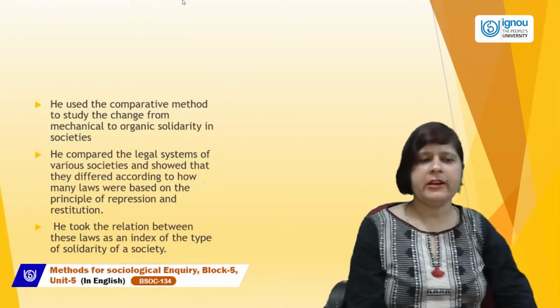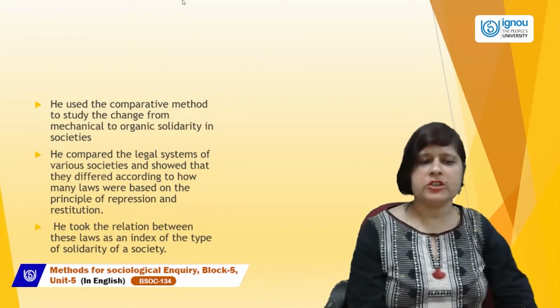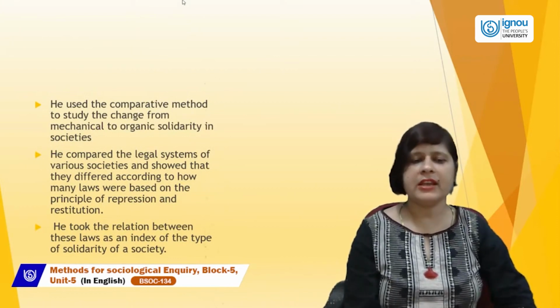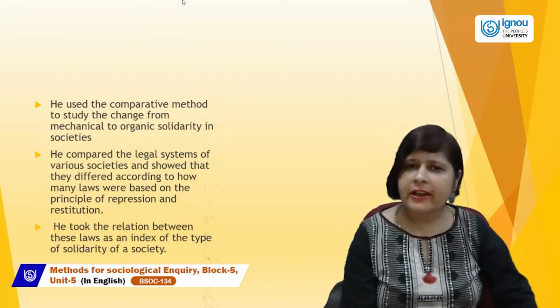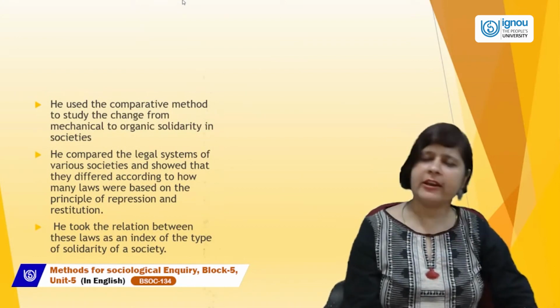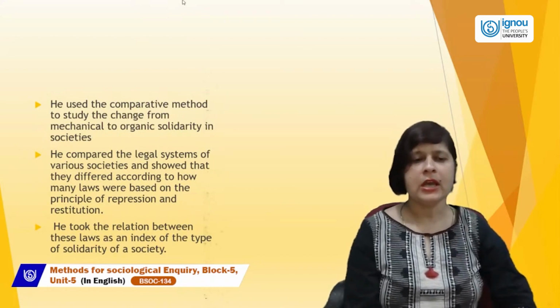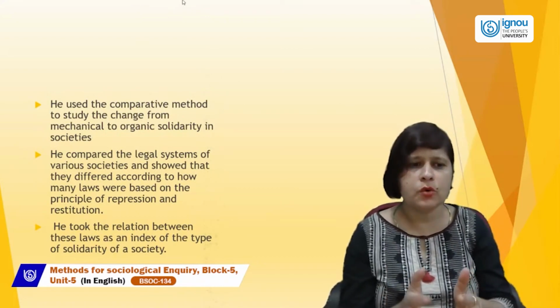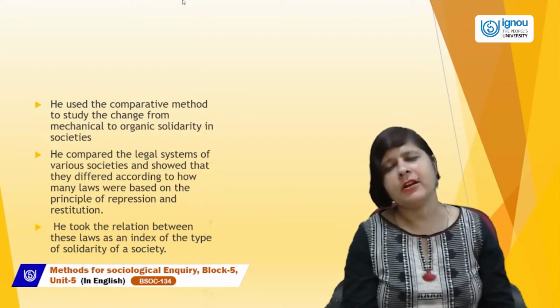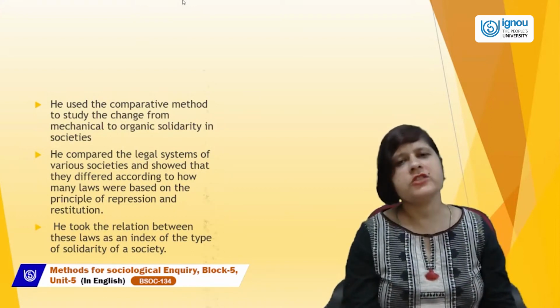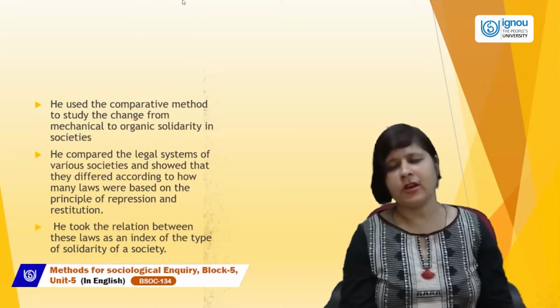He used the comparative method to study the change from mechanical to organic solidarity in society. What is mechanical solidarity and what is organic solidarity? We already discussed it. He applied the comparative method to study the change from mechanical to organic solidarity.